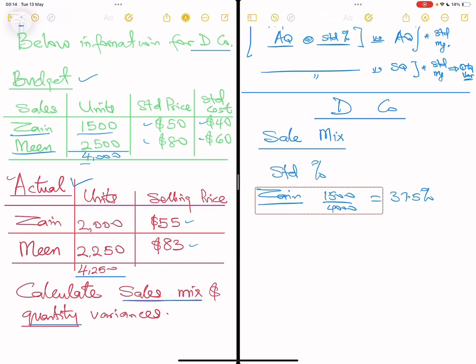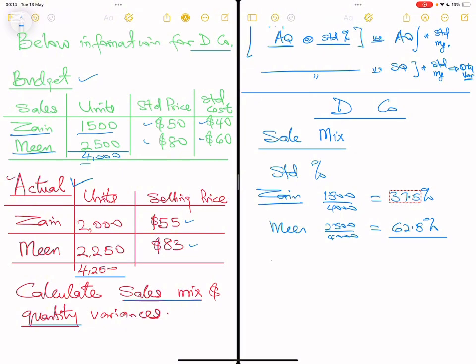And if we do the same thing for Mean, that will be 2,500 over 4,000. And that is 62.5%. So these are the standard percentages. But have we sold at the standard percentages?